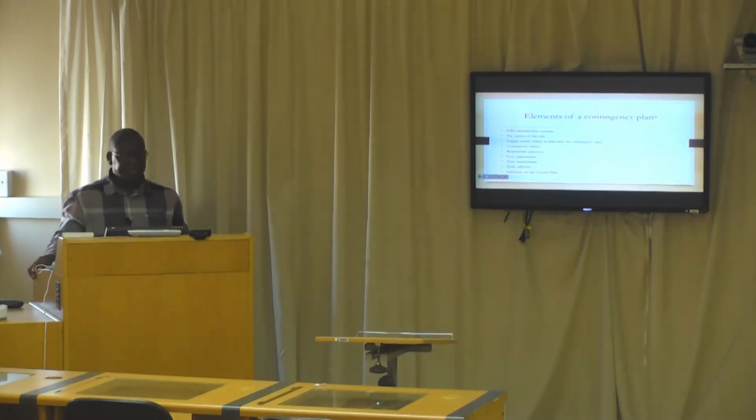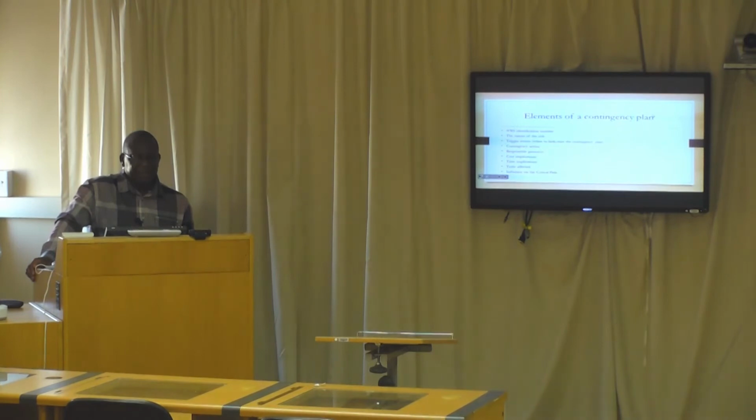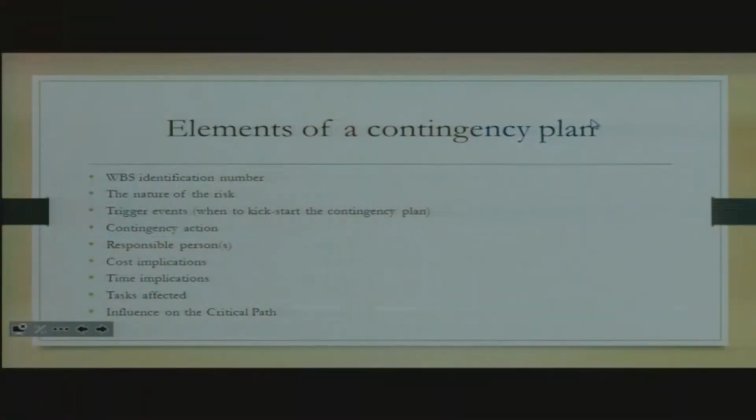But it is important that you have a trigger event. What is it that will basically inform you that now you need to start kicking in the contingency plan? Then number 4, you need to have the contingency action. I've explained that already. Then number 5, responsible person. Again, very important.